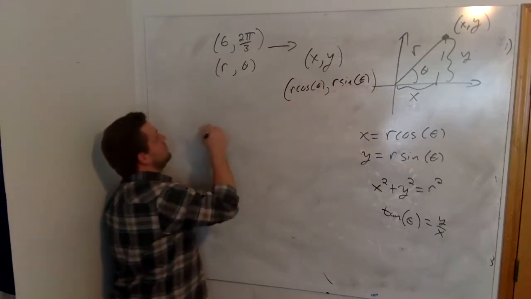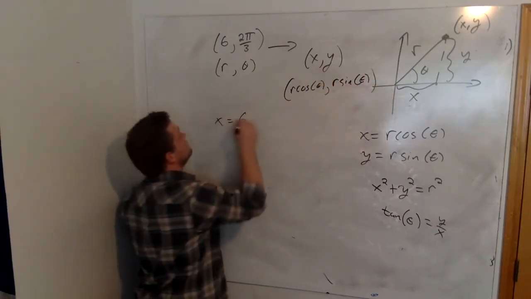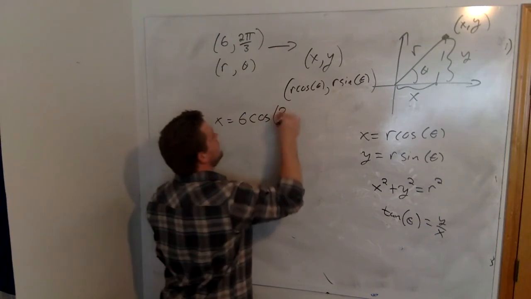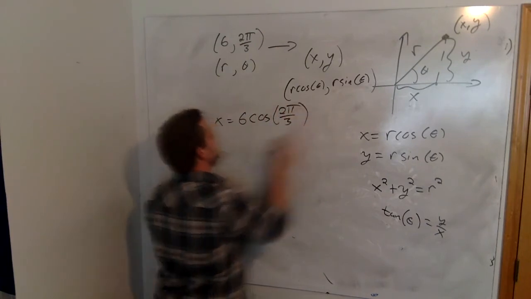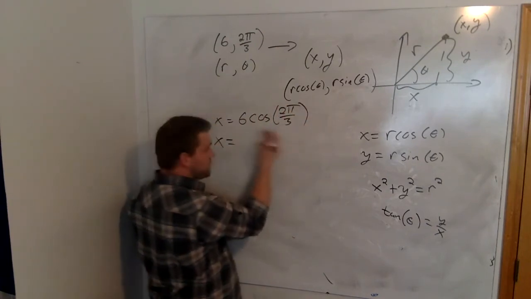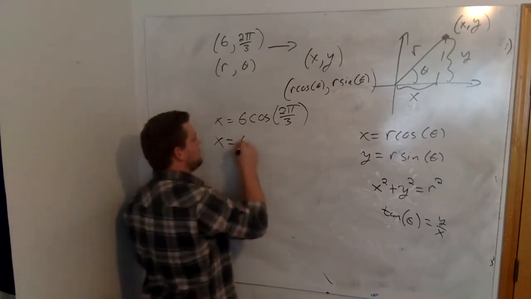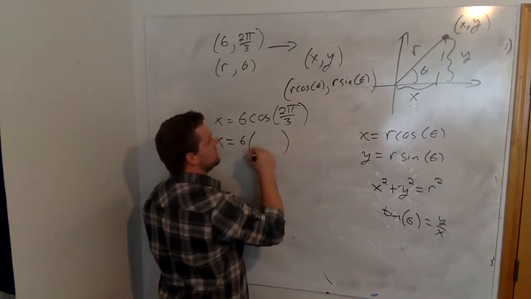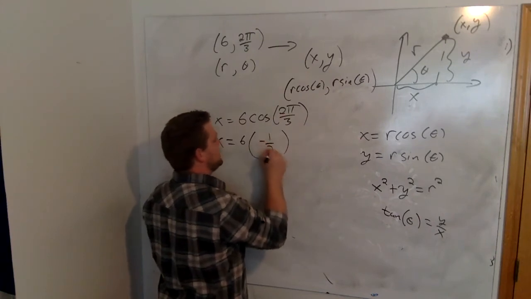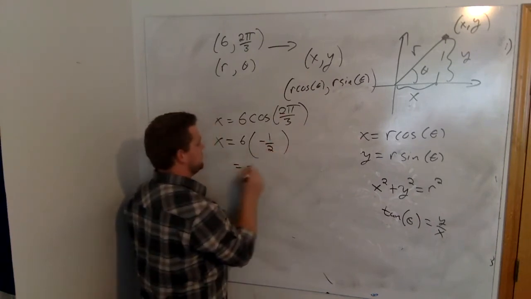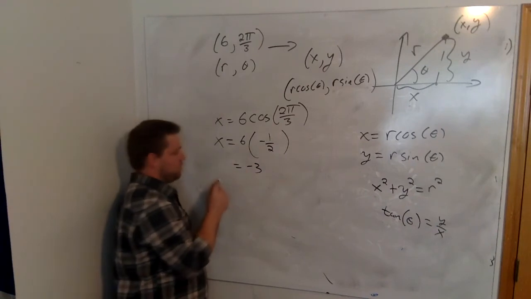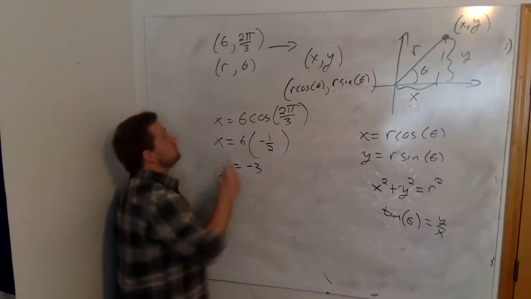So x is going to be 6 times the cosine of 2 pi over 3. If this isn't a nice number on the unit circle, just use your calculator. But I think cosine of 2 pi over 3 is negative 1/2. So x will be negative 3.